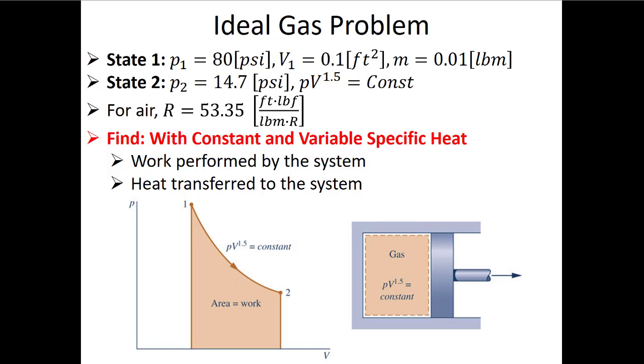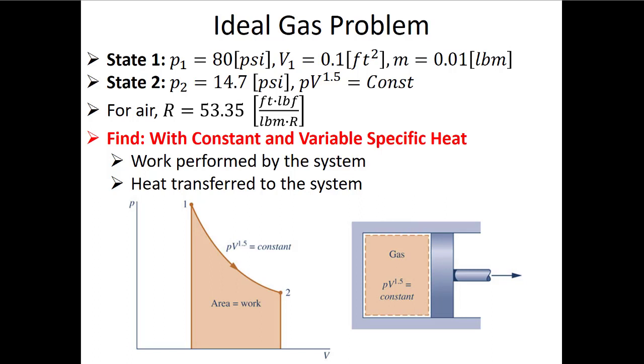So here, we're going from state one, where we know the pressure is 80 pounds per square inch, the volume is 0.1 cubic feet, and the mass is 0.01 pounds. We have air in this system. State two, we have atmospheric pressure, 14.7 psi, and we're told that the process from state one to two is a polytropic process where PV to the power of 1.5 is constant.